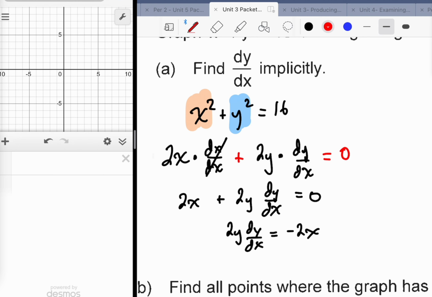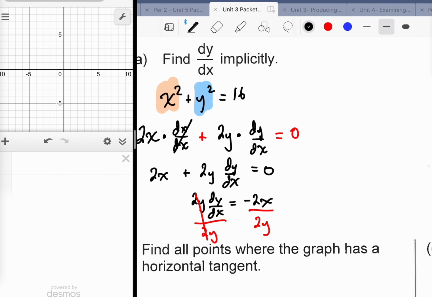It's the same thing. All right, so when you simplify it, dy/dx is equal to negative x over y. So that's my derivative.